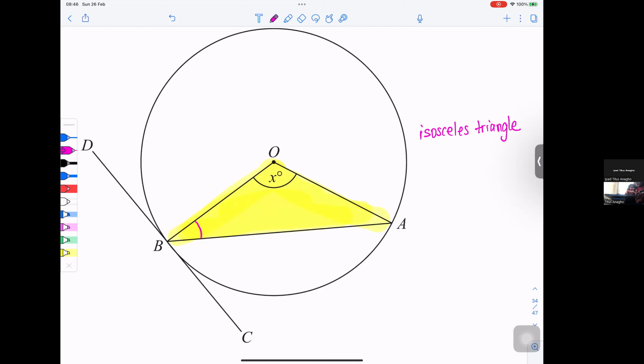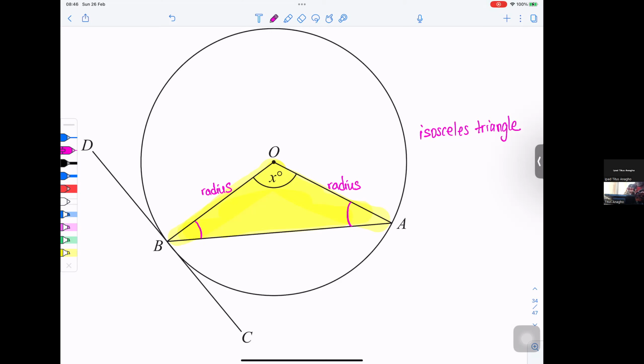The base angles are the same. Those two angles there, very important. And this one is the radius, and that's the radius. Those two sides are the same, and the two base angles are the same.